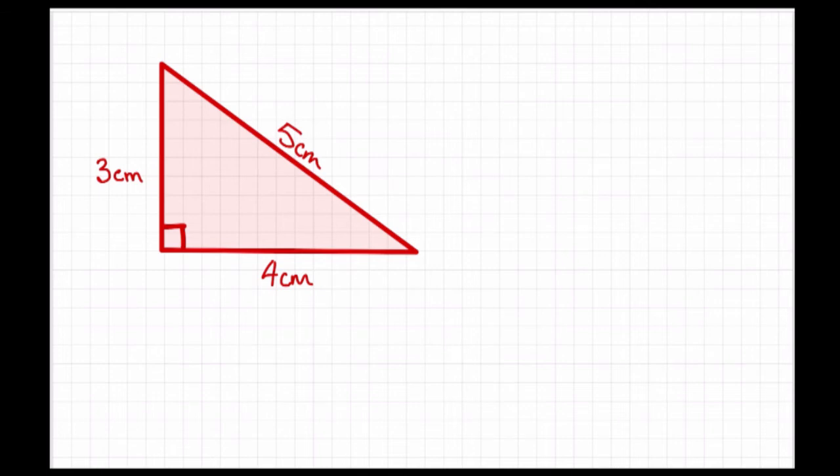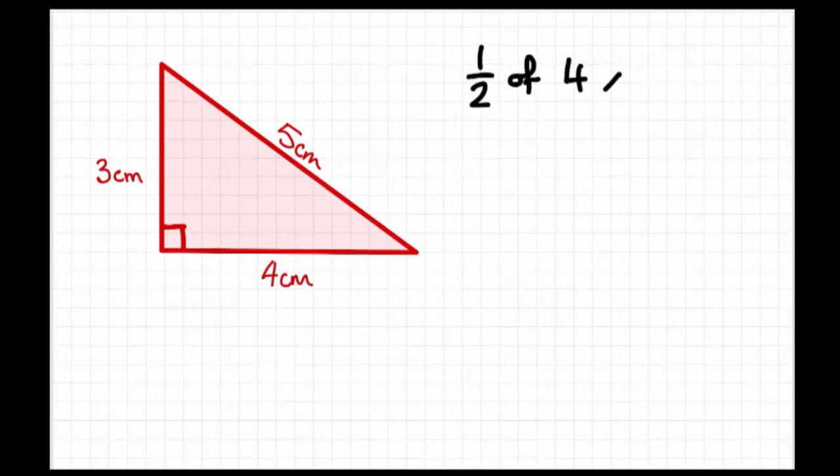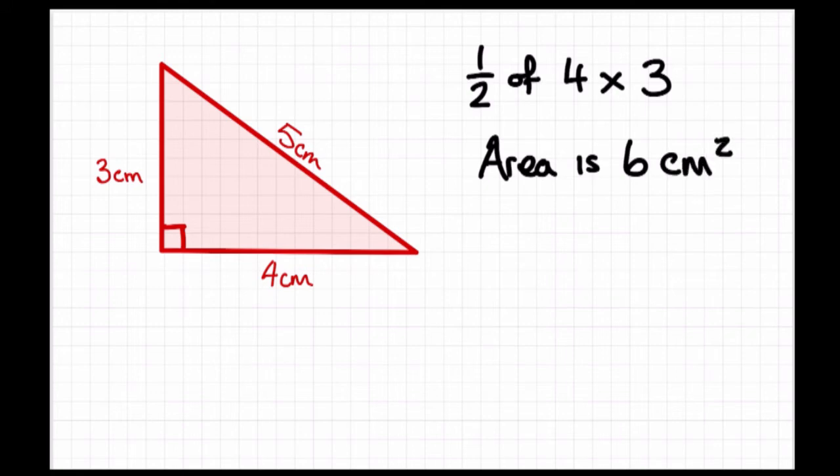So the area is going to be a half of 4 times 3. 4 times 3 is 12, half it is 6. So the area is 6 centimeters squared.